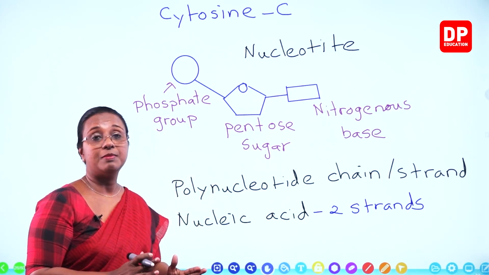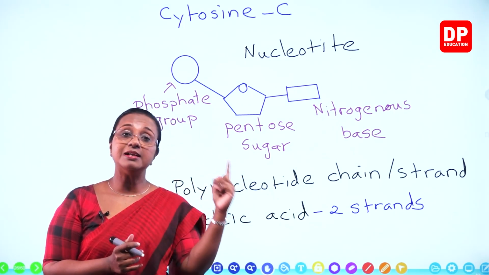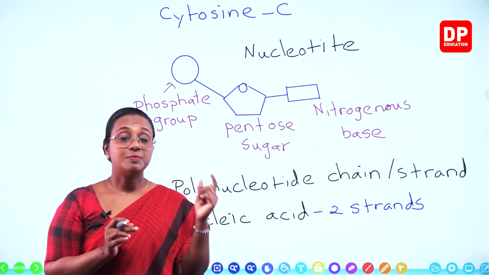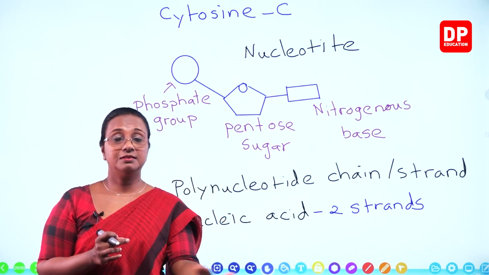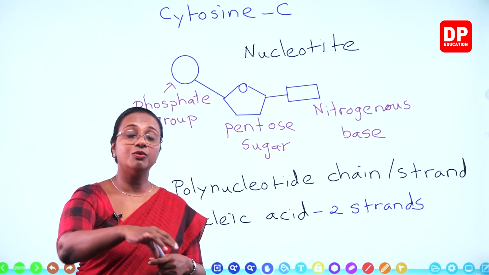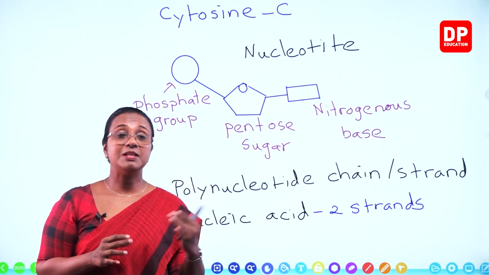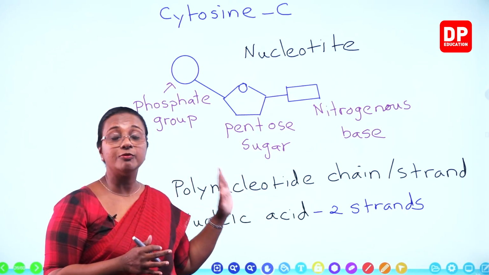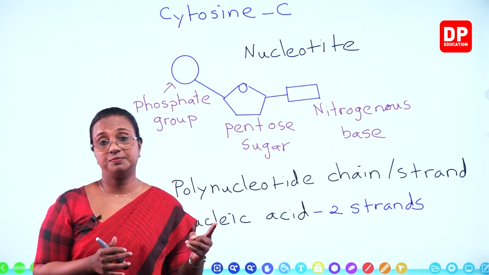And once they combine, you can imagine this similar to a spiral staircase, a spiral staircase with 2 hand rims, where you hold your hand and climb down or up. The DNA molecule is similar to that. That is why we call it a helix structure.